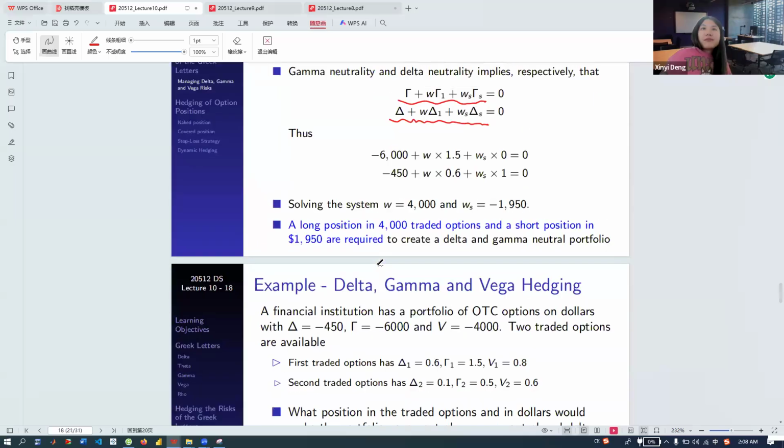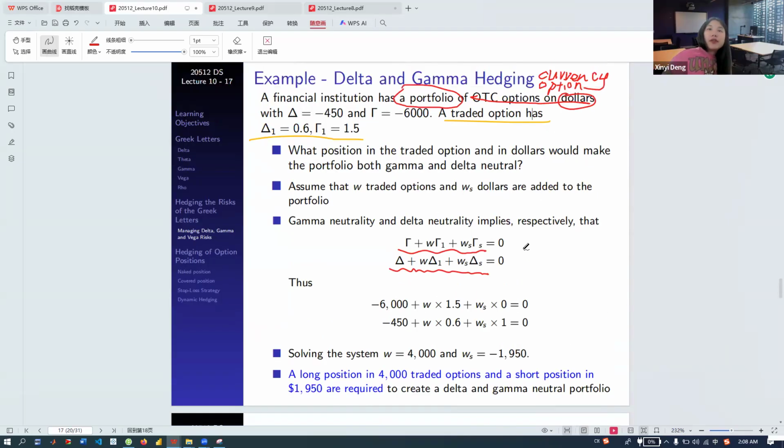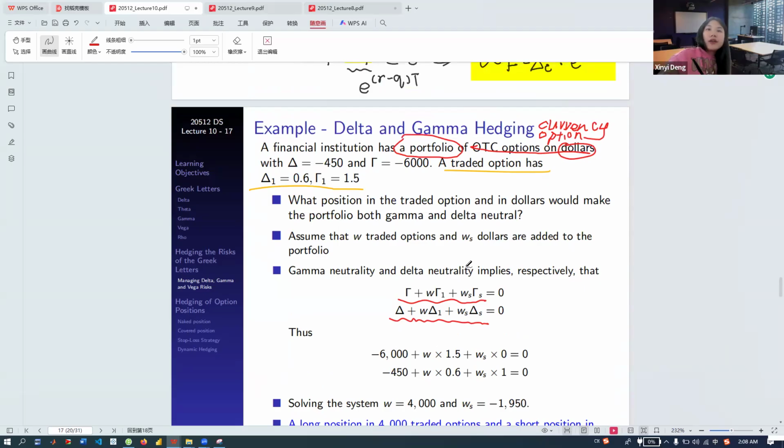So now back to the specific example. Here, we calculate the portfolio delta after the delta hedging to be equal to delta, which was the original portfolio delta, plus basically the delta from the traded option.